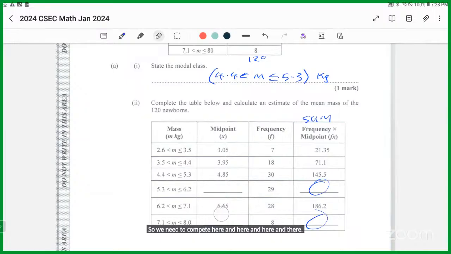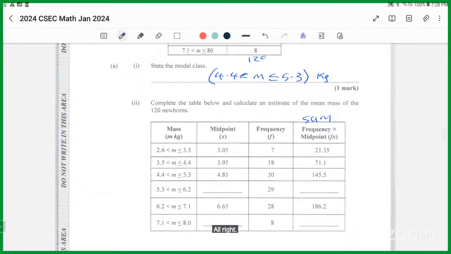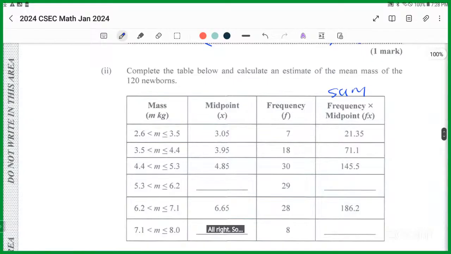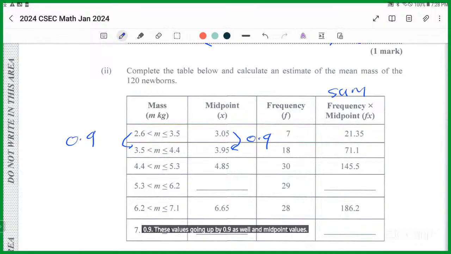All right? So if you notice, these values are going up by what? 0.9. These values are going up by 0.9 as well, the midpoint values. The lower limit is increasing by 0.9, the upper limit too.